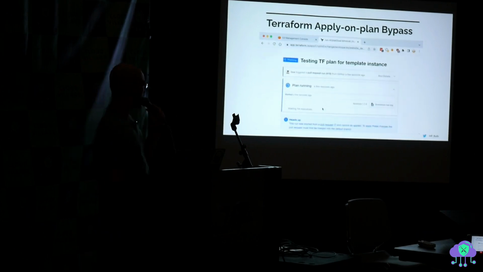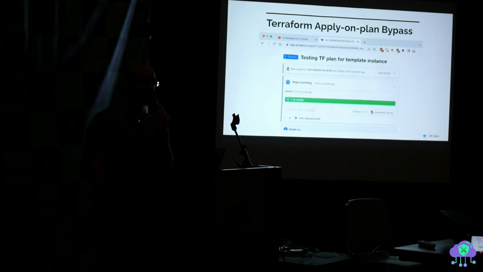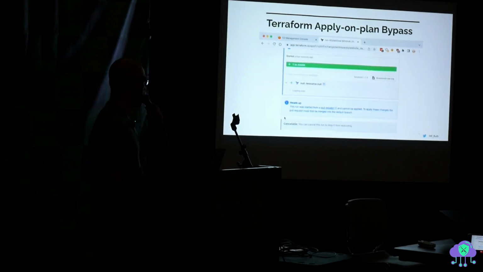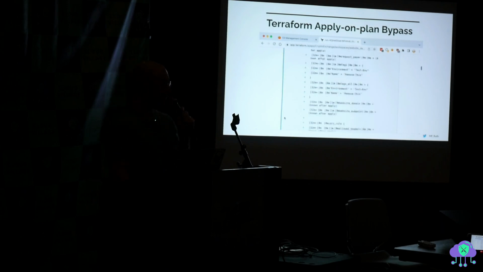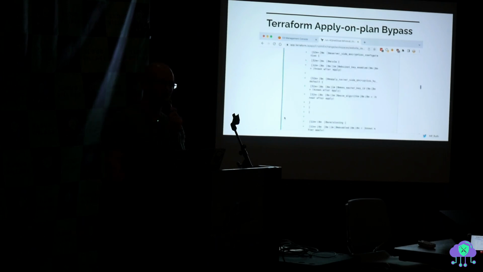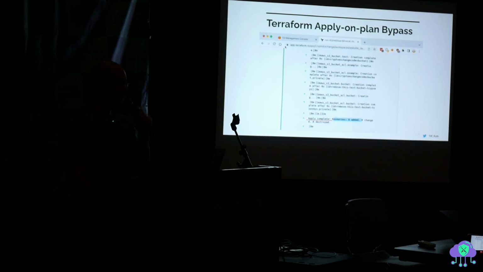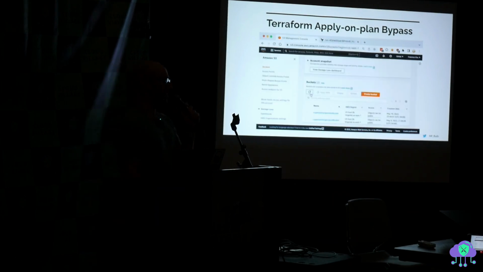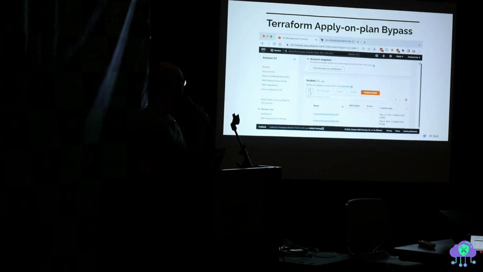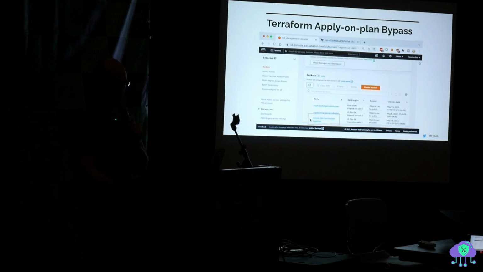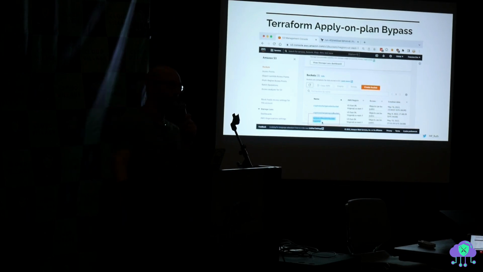And so here's the plan right here. It begins to run, and we can see our malicious null resource that exists inside of it, right? And inside that null resource, it's actually performing a Terraform apply behind the scenes. The apply completes, and then we go back into our AWS account, and there's the S3 bucket. No code review, no merging required.